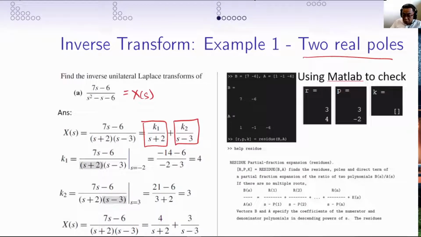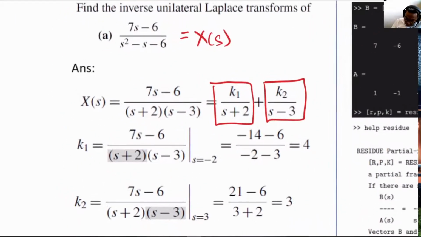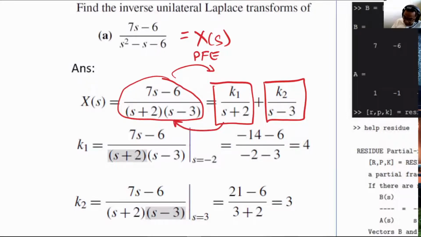There is a pole at s = -2 and a pole at s = +3. Right, how do we go from the left hand side to the right hand side? This is called partial fraction expansion. And then how do you go from the right hand side to the left hand side? All you need to do, if you have K1 and K2, is to collapse the two fractions together by multiplication. Now, let's see.